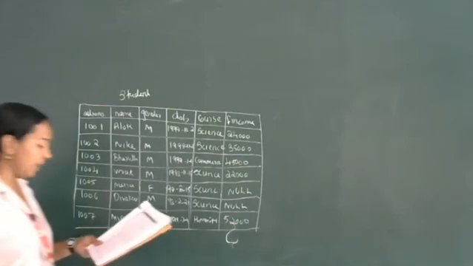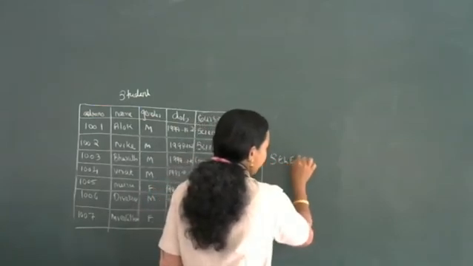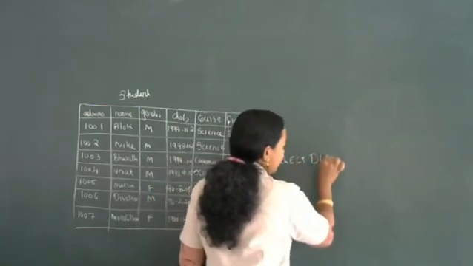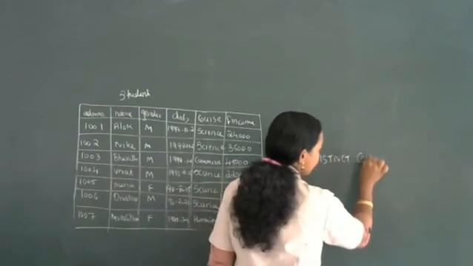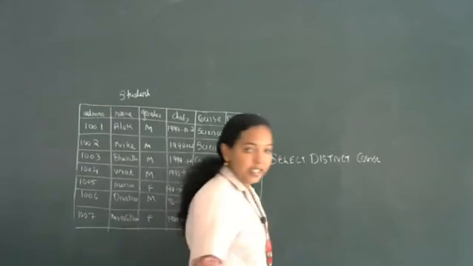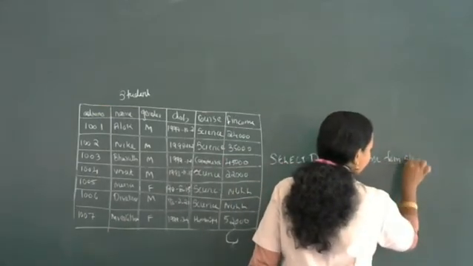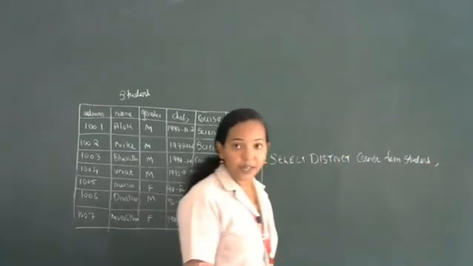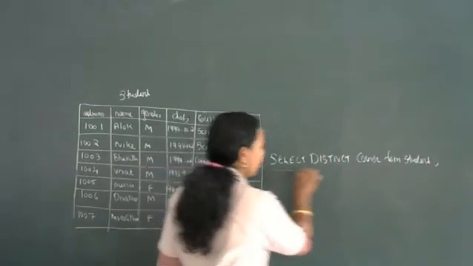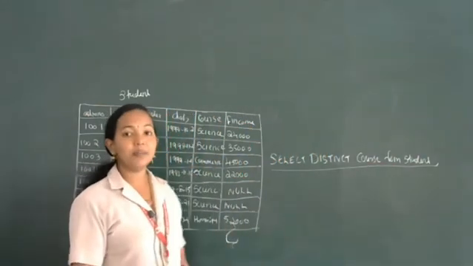Then we write: select distinct course from student. From which table? From the student table. So the command is select distinct course from student.